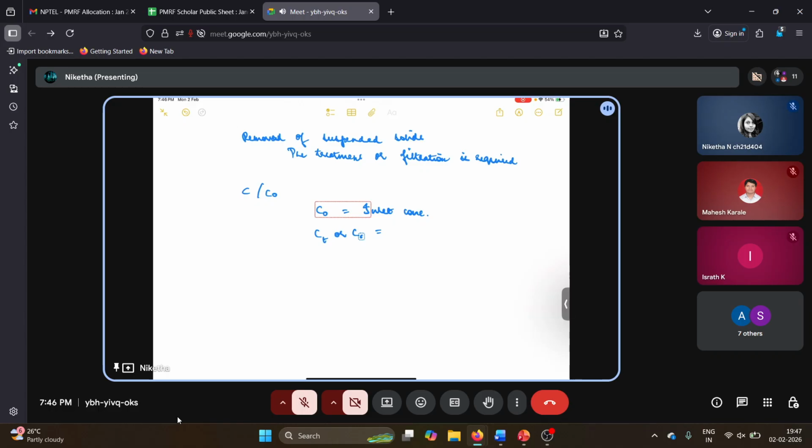So we can use C by C naught versus time to determine the exact weight and volume of the resin required for a given volume of wastewater.